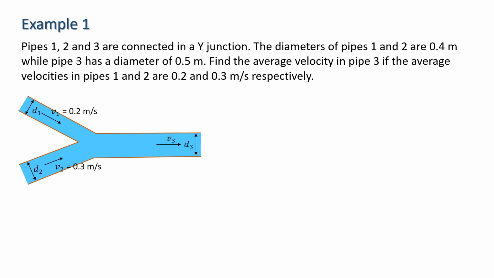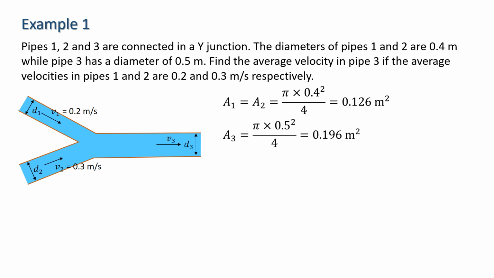First, we need to calculate the areas at each cross-section. We have A1 equals A2 equals 0.126 meters squared, and A3 equals 0.196 meters squared. The continuity equation tells us that the discharge in pipe 3 must equal the sum of the discharges in pipes 1 and 2.